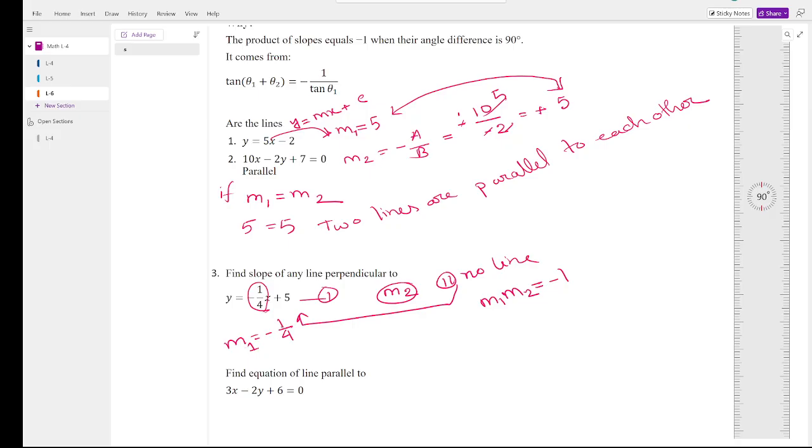So m1 equals minus 1 over 4. We put m1 here: minus 1 over 4 times m2 equals -1. We remove the two minus signs, and we can write m2 equals 4.